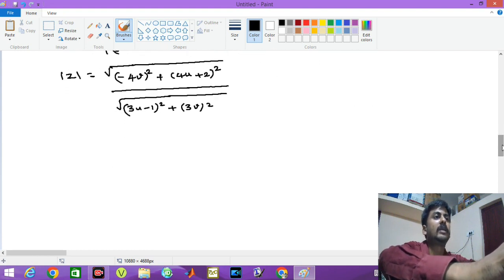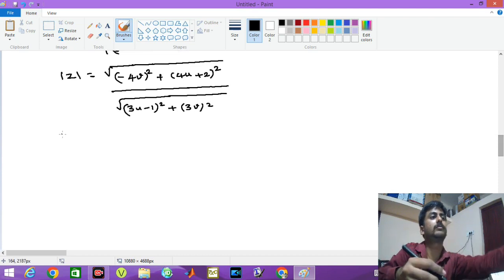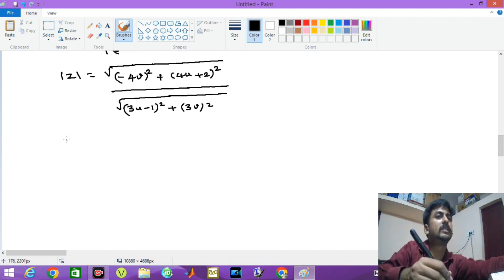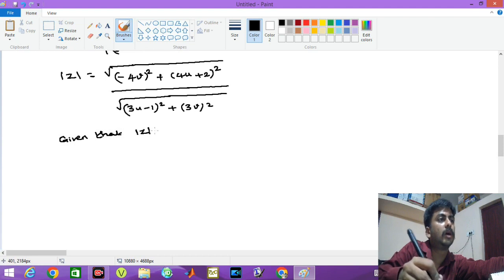The condition is given that modulus of z less than 1.